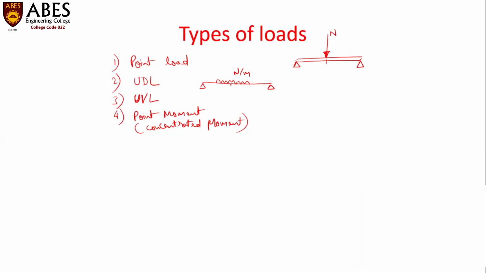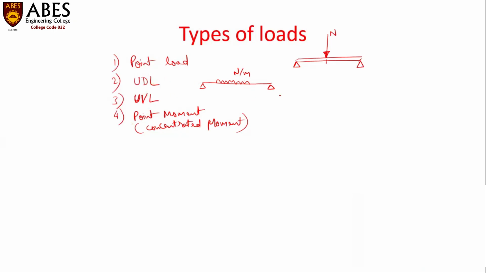It is basically a load which acts on a particular length of a beam, on 2 meter or 3 meter or any value on a length. So it is given in terms of load intensity, which is measured in terms of Newton per meter. The intensity of the load is constant in case of UDL, remember.